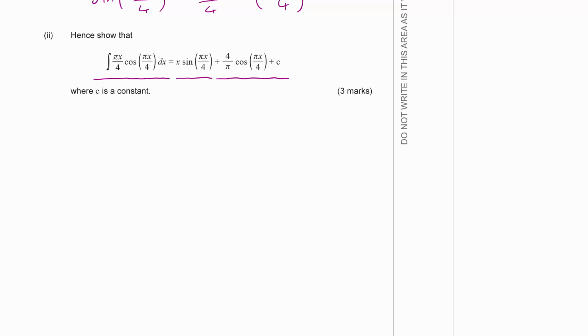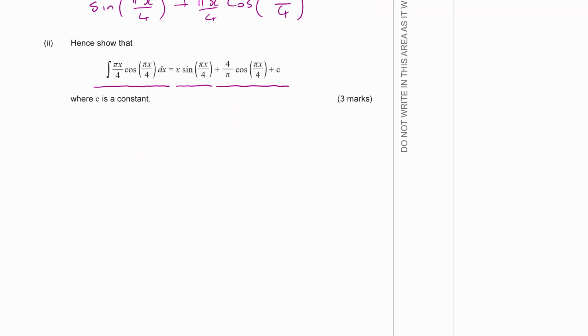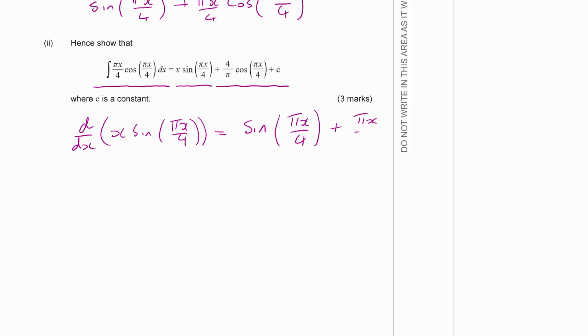Now the last part of the question left us with d dx of x sine pi x on 4 being equal to sine pi x on 4 plus pi x on 4 cos pi x on 4.